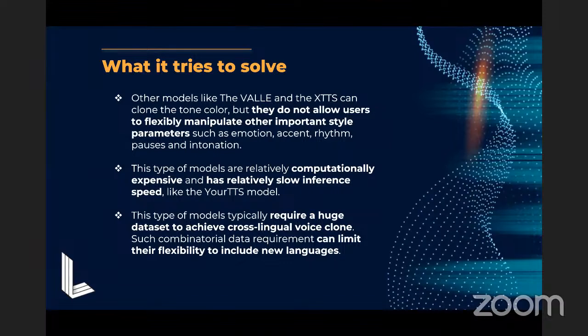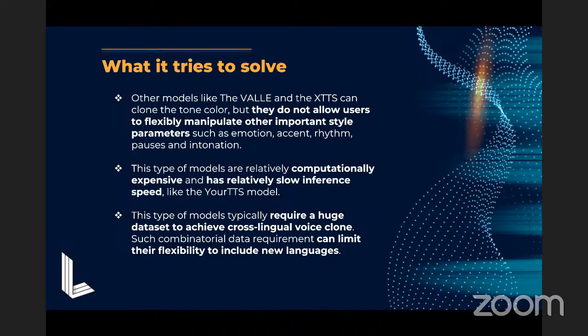So what are some specs, and how does it work? Why do we need this model? With previous models like Wally and XTTS, they can clone tone color, but they were not that flexible in manipulating important style parameters.